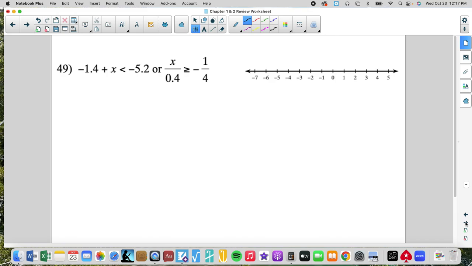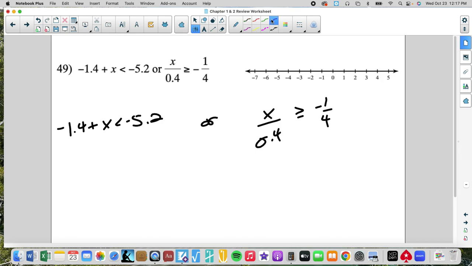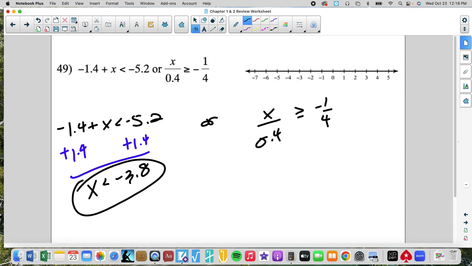This is an or statement. So I can solve each one. I'm going to rewrite them over here because I'm going to run out of space. And it's an or. X over 0.4 is greater than or equal to negative 1.4. So we are going to add 1.4. Add 1.4. That gives me x is less than negative 3.8.